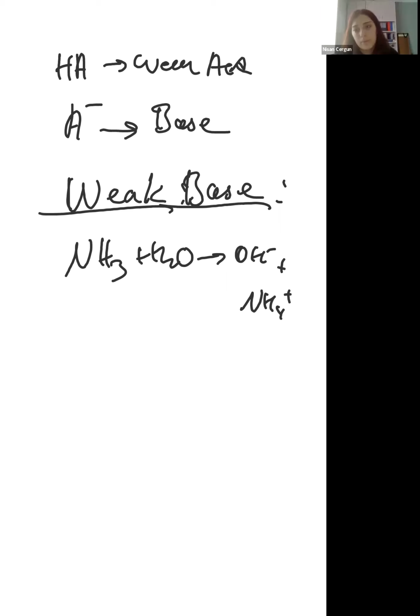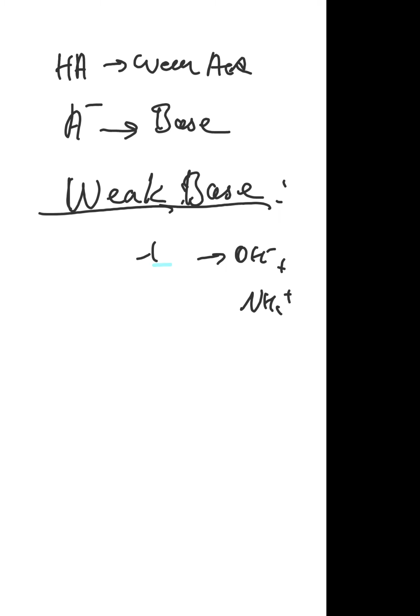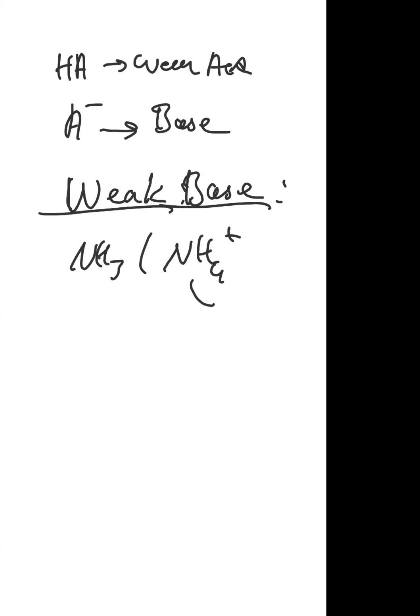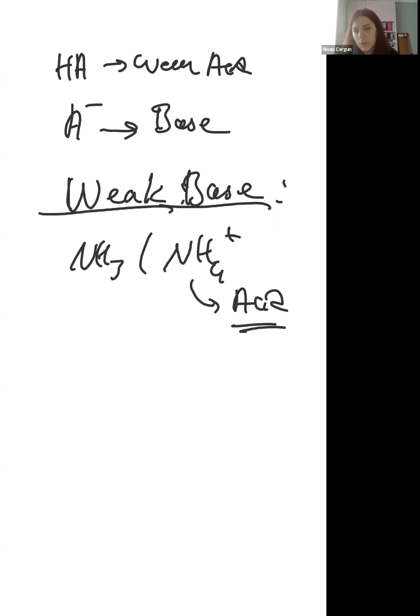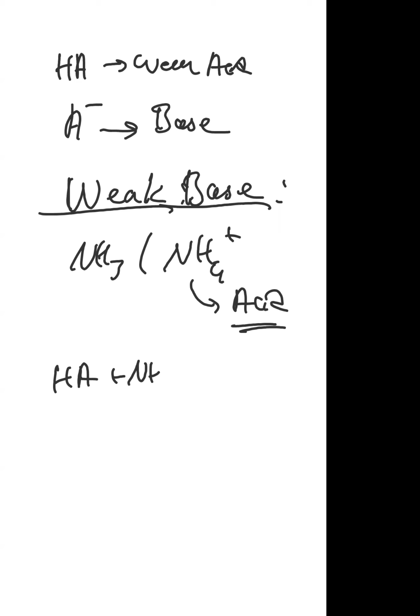Then we said that if the weak base is ammonia, its conjugate acid is ammonium. This one also should be an acid. I believe you will remember this from our previous examples. For example, if we have HA and the reaction of ammonia, then we will end up with ammonium and A minus.